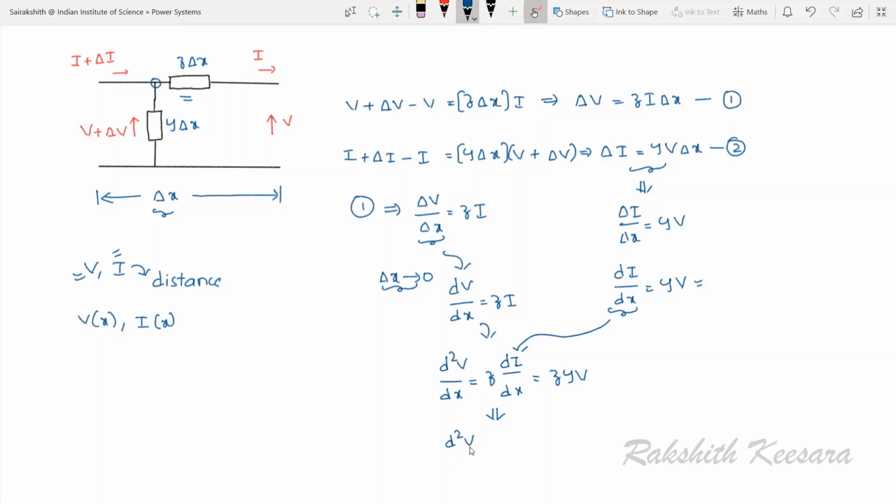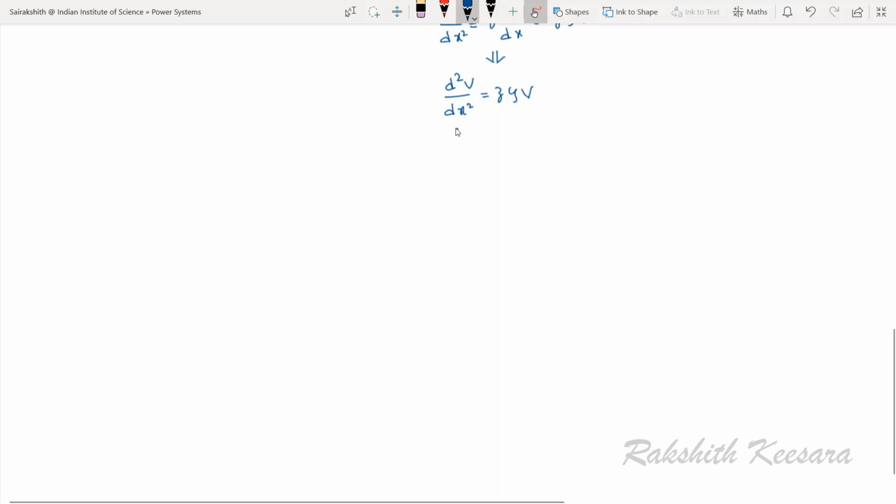So d square V by dx square is equal to Z Y V. From here you can write d square V of x by dx square minus YZ into V of x is equal to 0. And you can easily solve this differential equation.